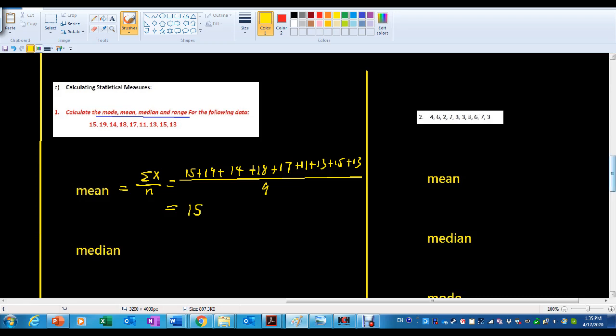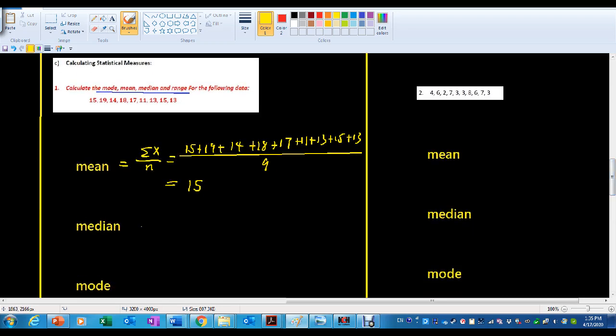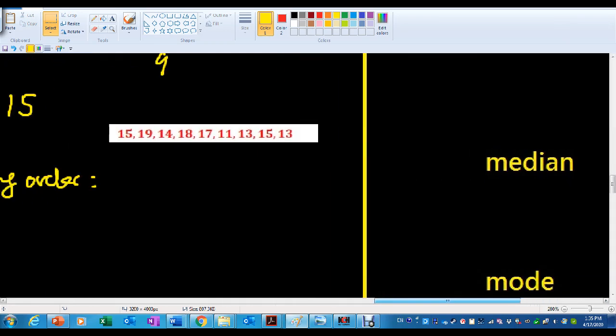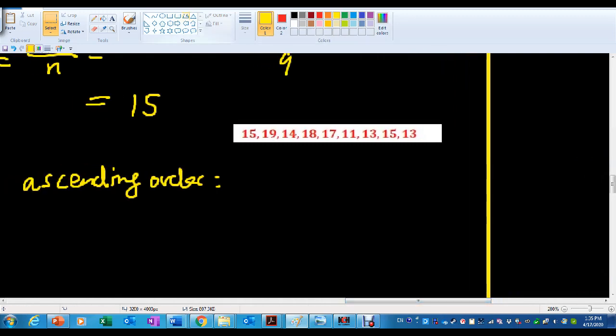What's the median then? For the median, you have to do a rearrangement first. You have to put things into ascending order. Let's copy the original set of numbers here, and it's easier for us to see if we miss something. Then rearrange them into ascending order.